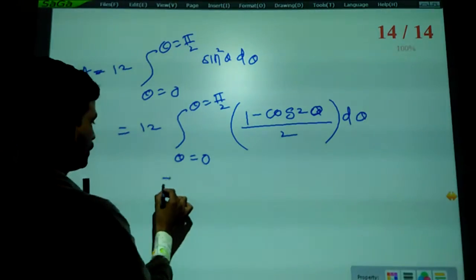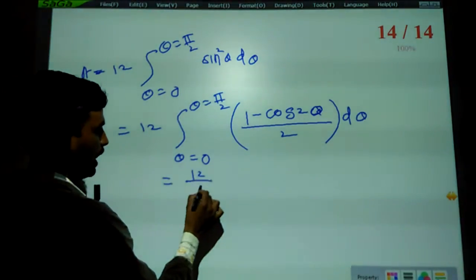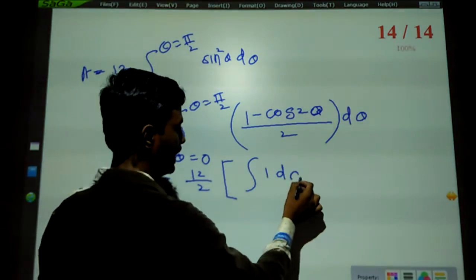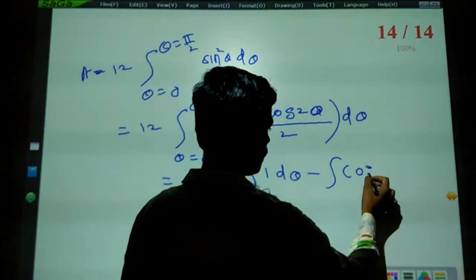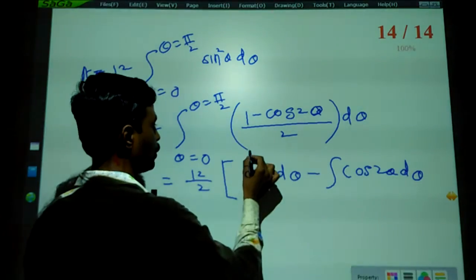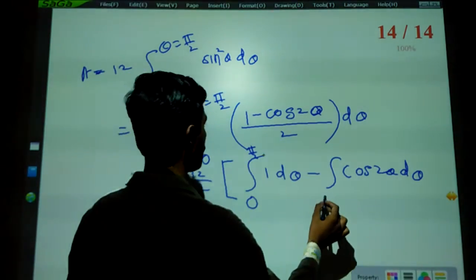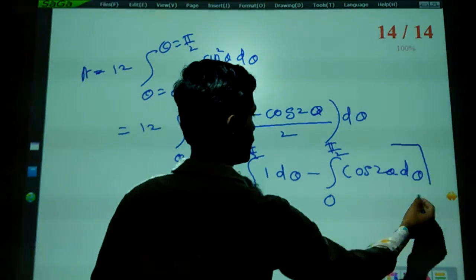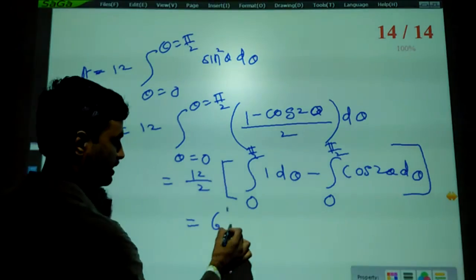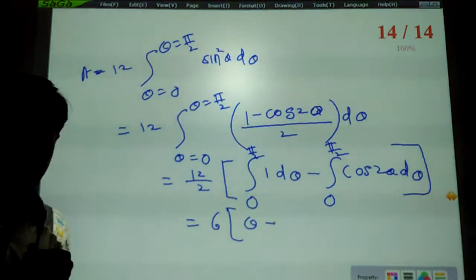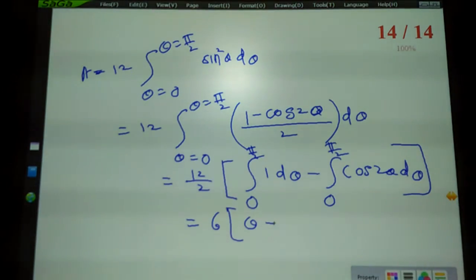So 2 is a constant which is outside. So 12 by 2 integration. Separate the integration: 1 d theta, integration of cos 2 theta d theta. Here limit is 0 to pi by 2. So here 6, here theta, and what is the integration of cos 2 theta?